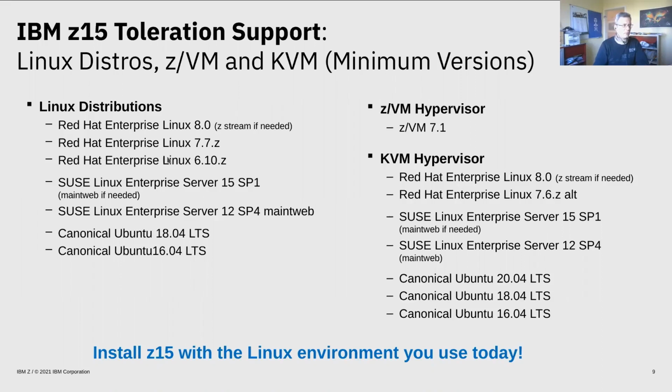So for instance, it would tell you that Enterprise Linux 7 is supported on C15, but not that in particular you need 7.7 and with a C-stream update. So this is a chart to go to for that kind of information. And you should definitely consult it prior to migrating to a C15 in case you're contemplating to switch over any workloads. So far for Linux distributions.